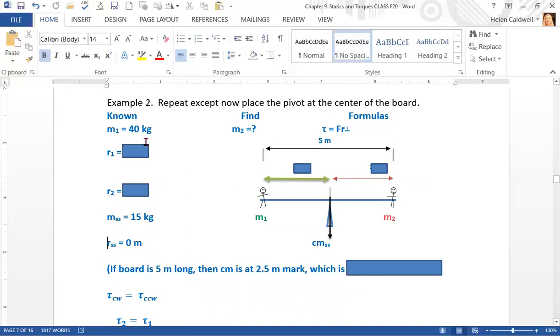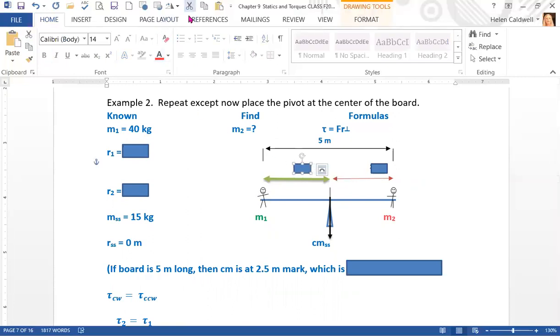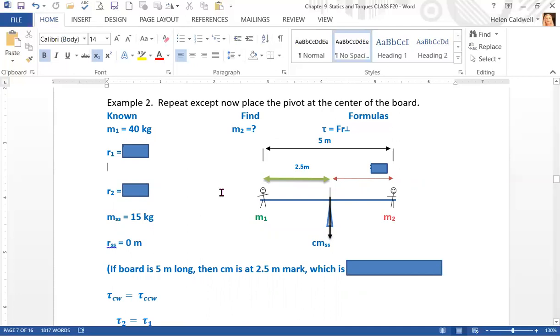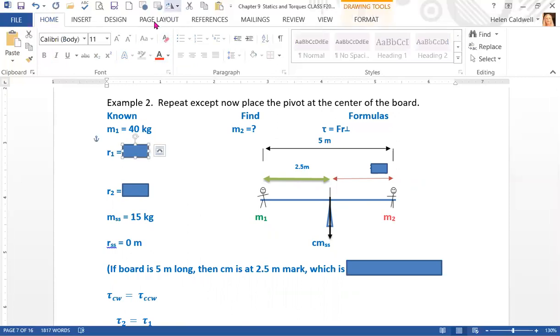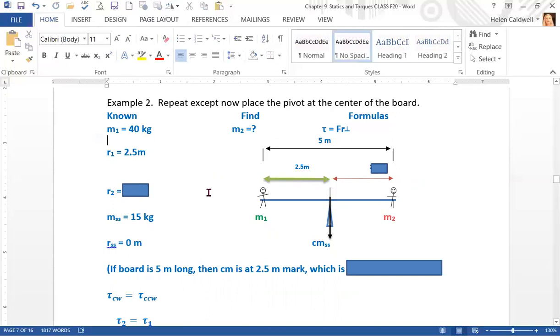Child 1 is going to be 40 kilograms. If the pivot is at the middle and child 1 sits on the left edge, then R1 is going to be 2.5 meters.